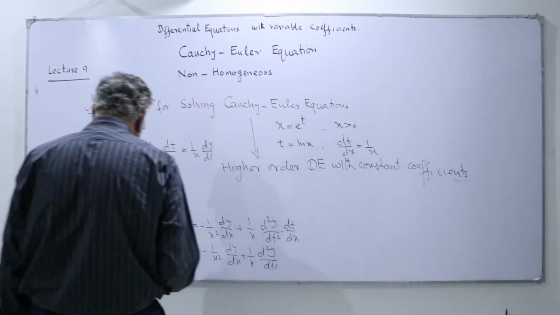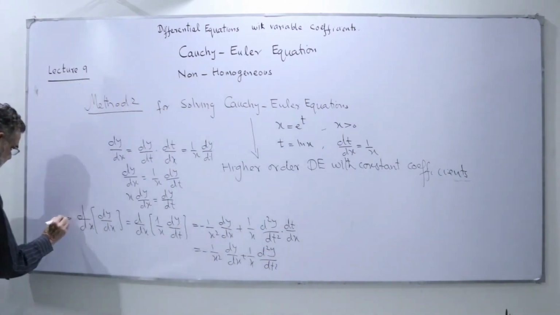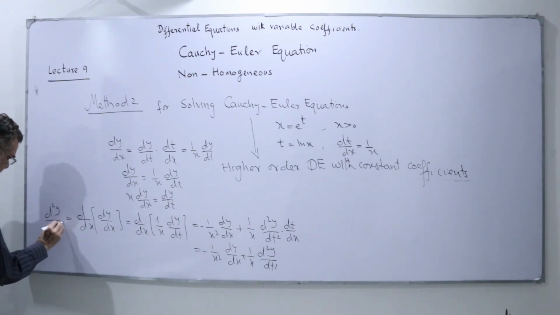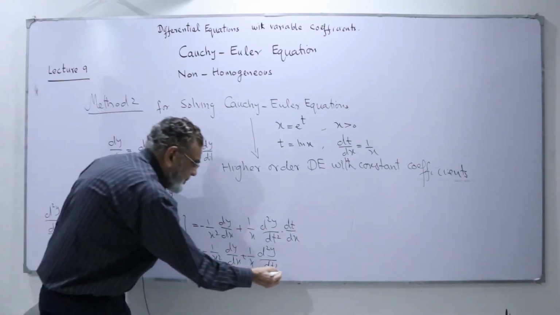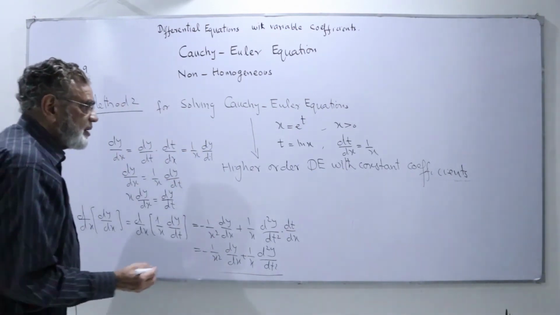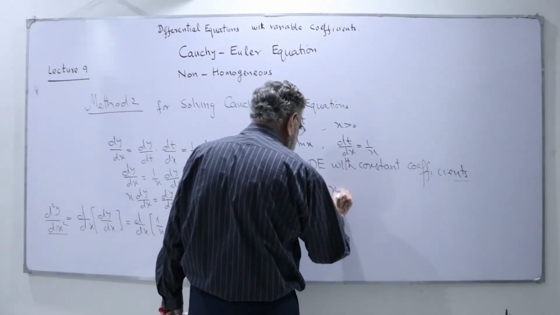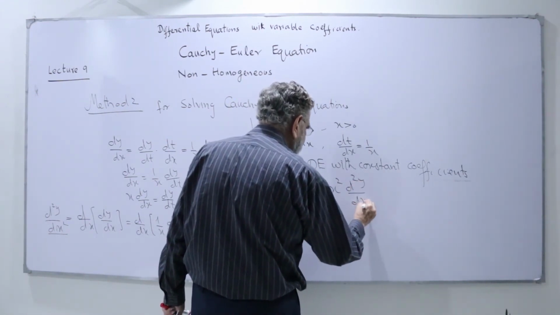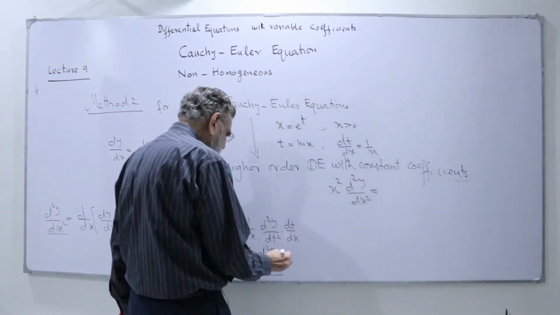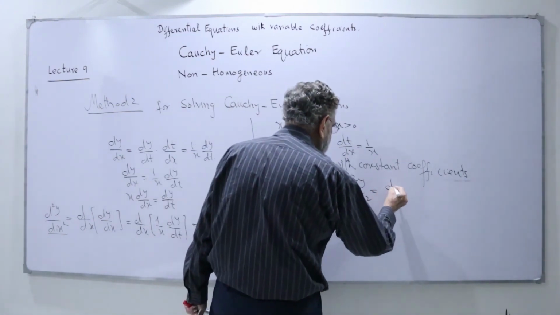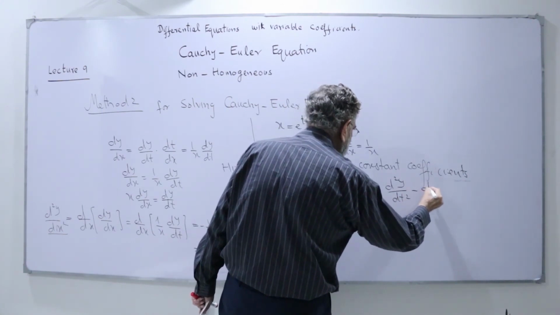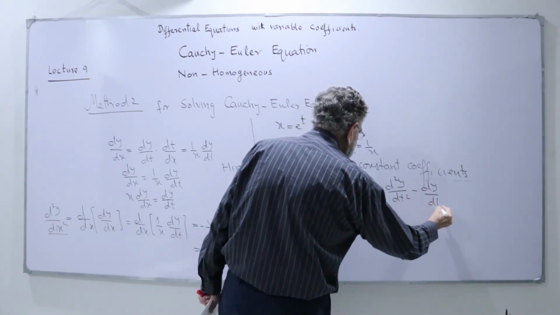Now this is my d2y by dx square. Now I take these terms and multiply by x square. When I multiply by x square, I get x square d2y by dx square is equal to d2y by dt square minus dy by dt.